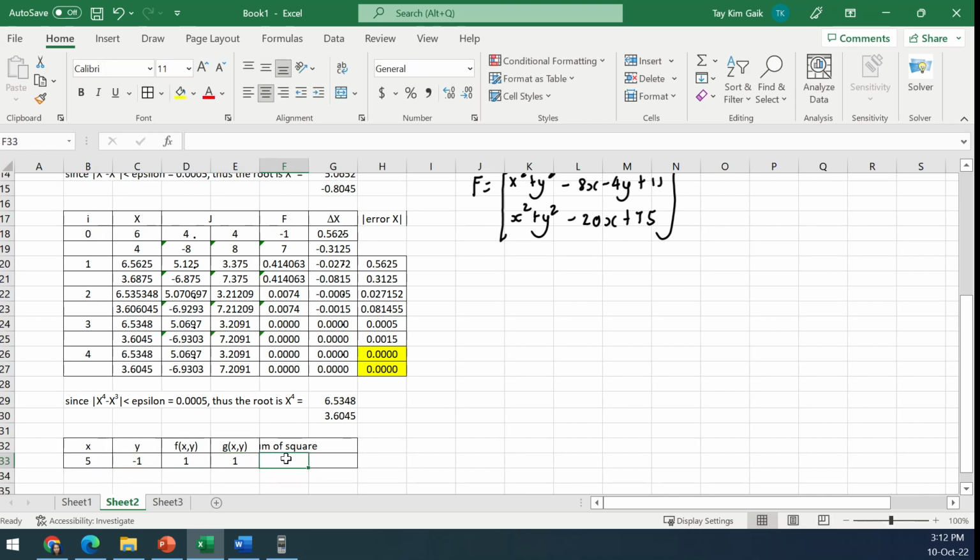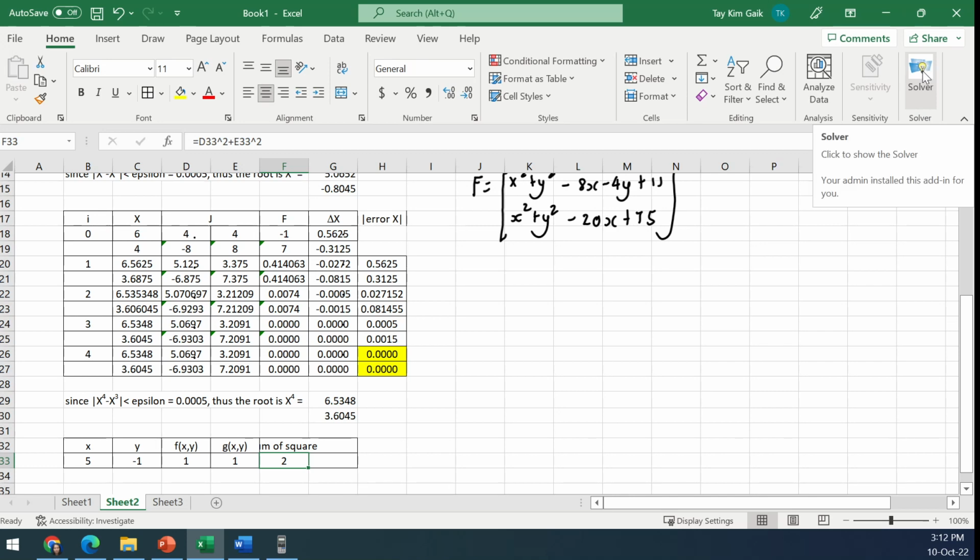Okay, the sum of squares means it takes f(x, y) squared plus g(x, y) squared. And then we'll minimize this sum of squares to 0 using the Excel Solver.